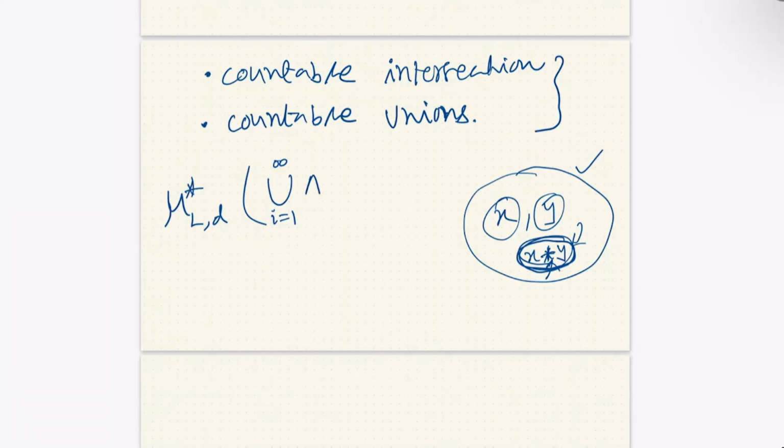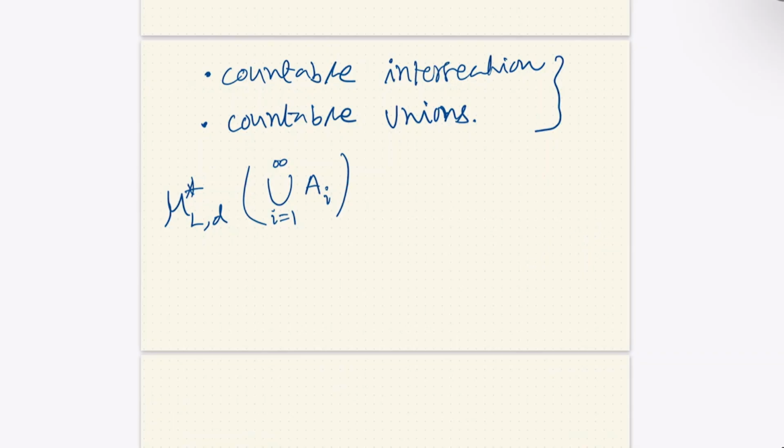I want to write it as equal to the summation, i equal to 1 to infinity, of mu star LD of A_i. Do you understand this one?